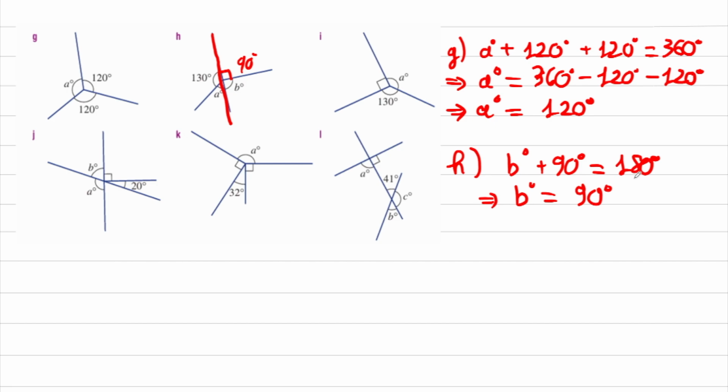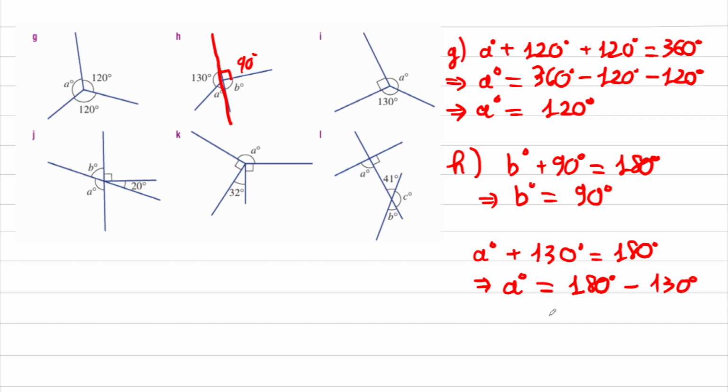And how about A? A make a straight line with 130 degree. So you got A plus 130 degree equal to 180 degree. And then you can find A by making subtraction between this number and this one, equal to 50 degree. You got A. Yeah, that is question H.